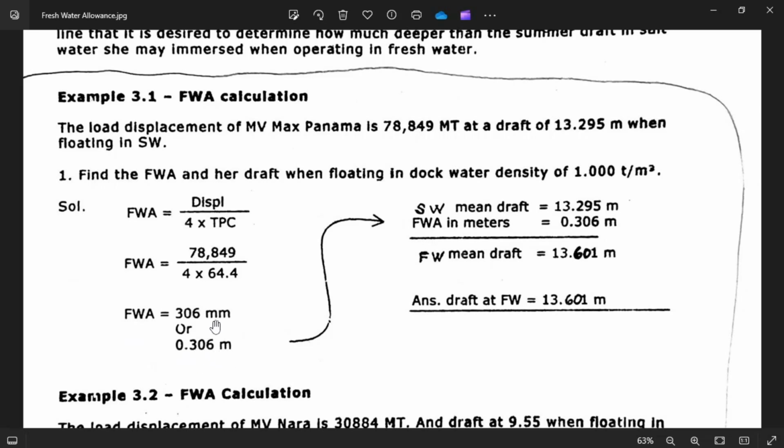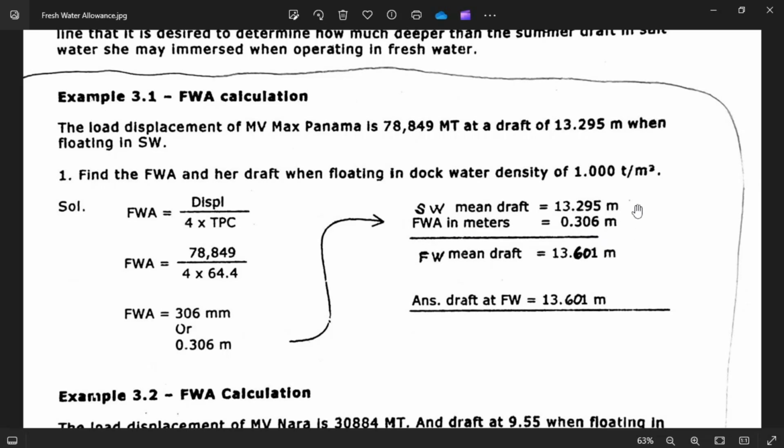Or 30.6 centimeters, or 0.306 meters. So with your saltwater mean draft, which is this 13.295, you add your freshwater allowance of 0.306 meters.